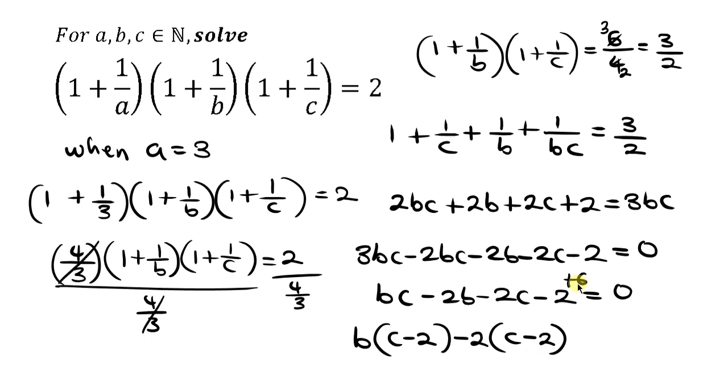And whatever I do to the left, I will do to the right. So plus 6. I also add 6 to the right. So this is equal to 6. So this factors into B minus 2 times C minus 2 to be equal to 6. Let's continue on the next slide.